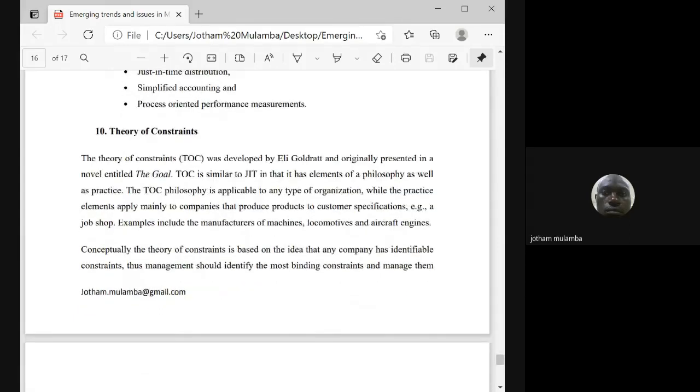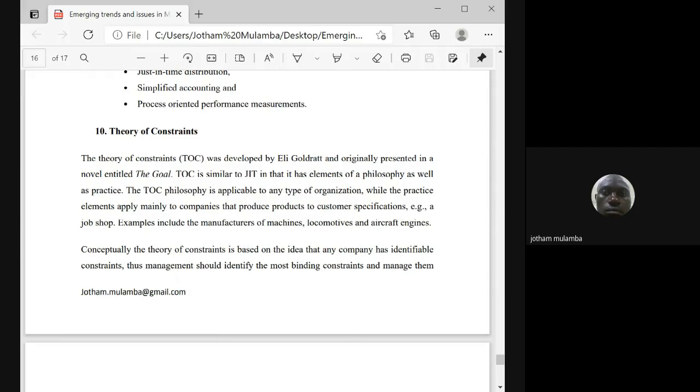Then the last part we look at is the theory of constraints. The theory of constraints was developed by Eli Goldratt and originally presented in a novel entitled The Goal. So you can read that novel called The Goal.